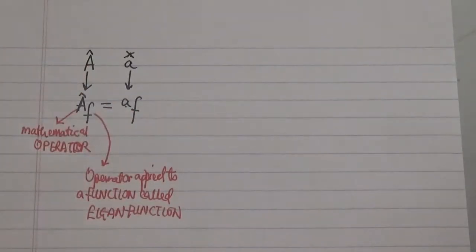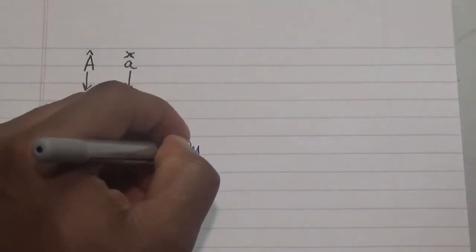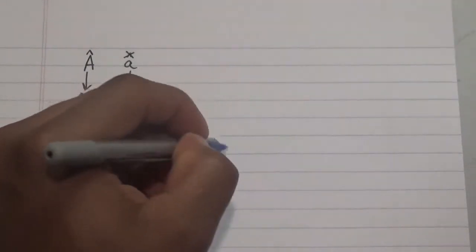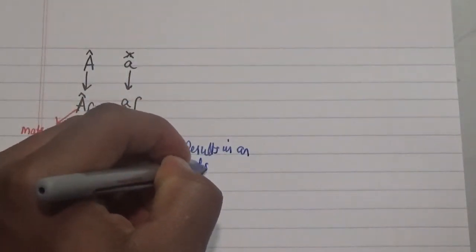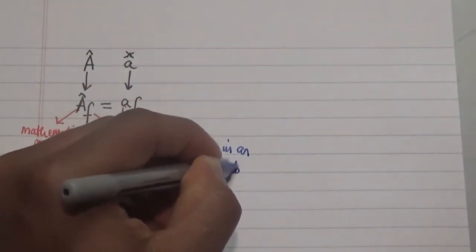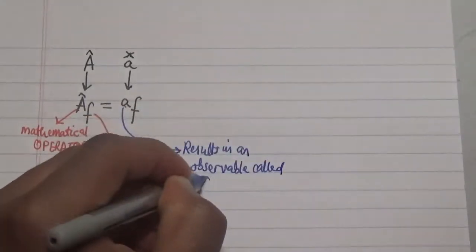The other side, small letter a, represents the result, an observable, which is called the eigenvalue.